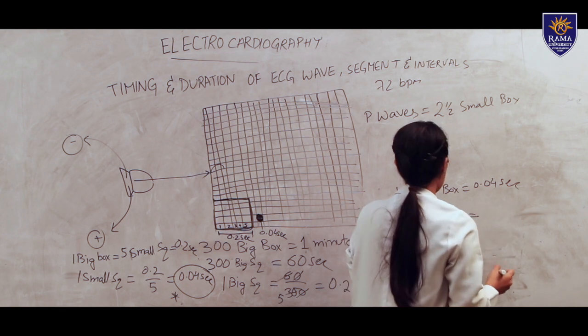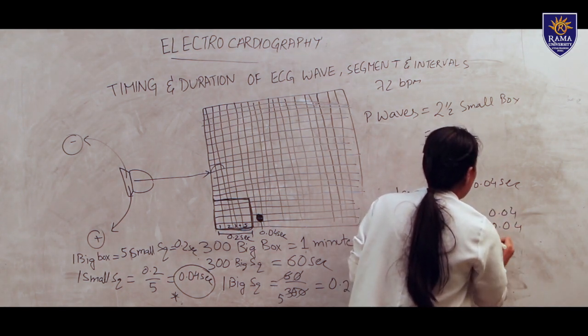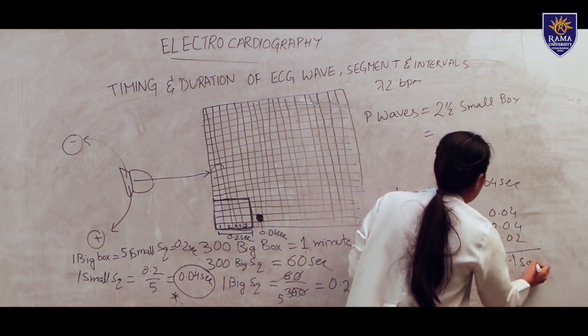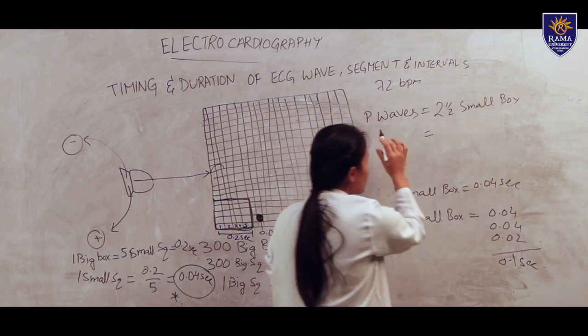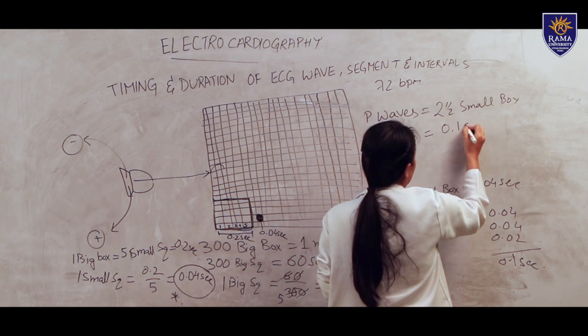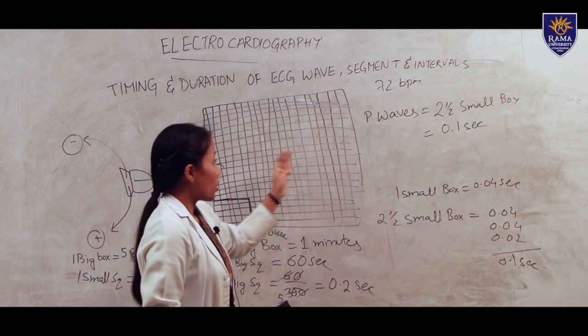So in the 2.5 small boxes it will be the same, 0.1 seconds. So the duration of the P wave will be 0.1 seconds. P waves will take 0.1 second.